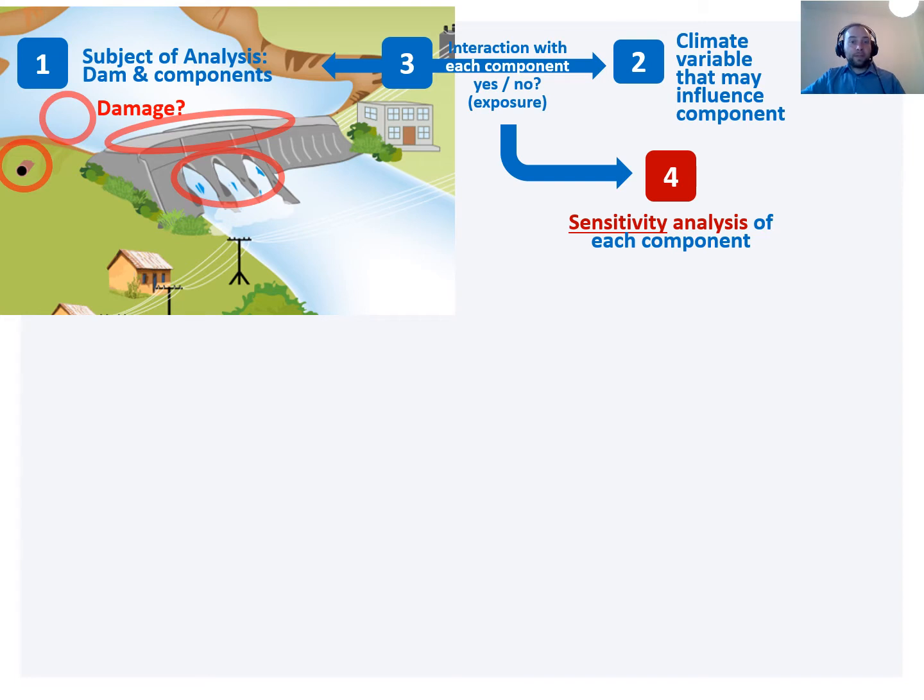If that's the case, we have to perform as a next step a so-called sensitivity analysis of each component. So, is the crest potentially sensitive to extreme rainfall, leading maybe to an increase of water pressure?